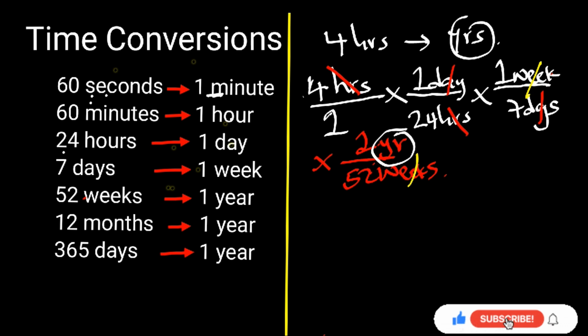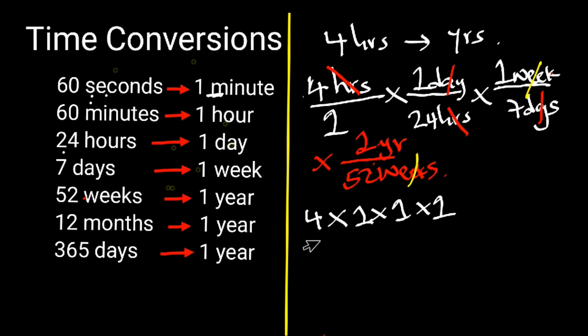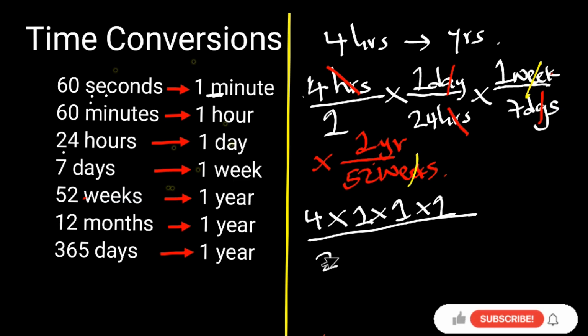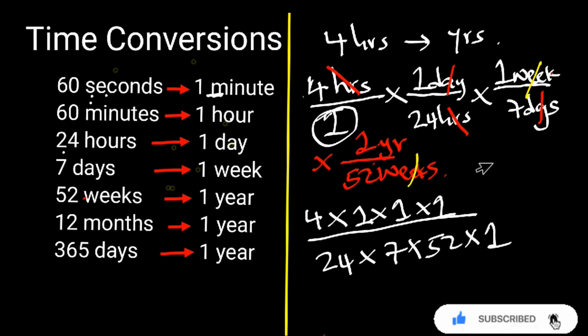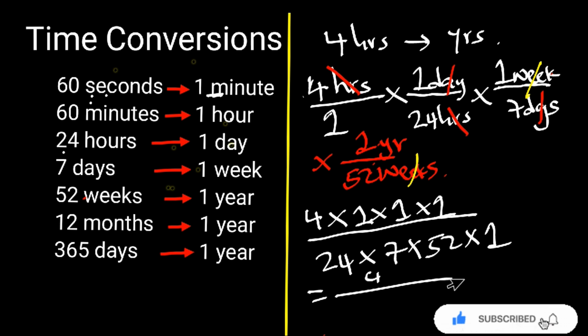And so we're going to multiply the numerators, which are 4 times 1 times 1 times 1, all over the denominators, which are 24 times 7 times 52, then times this one here, which I skipped. So this is going to be equal to 4 over 24 times 7 times 52 times 1.